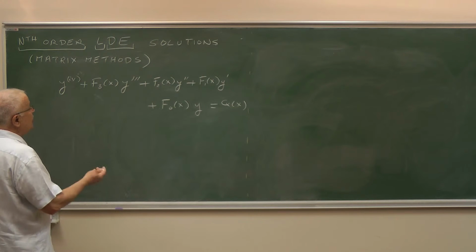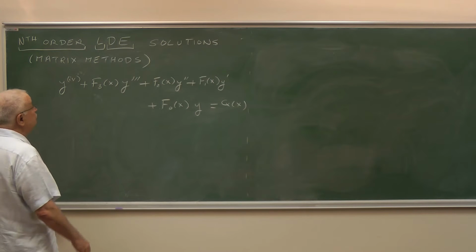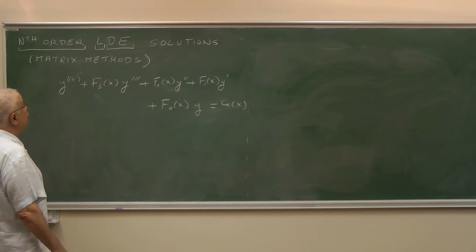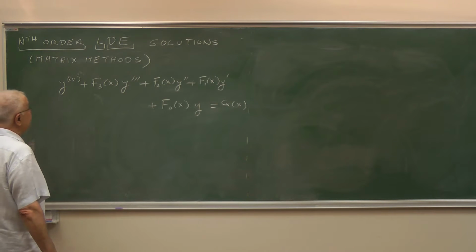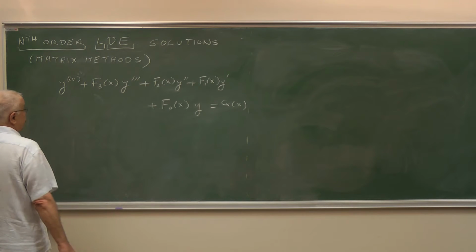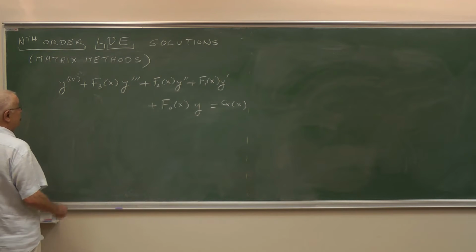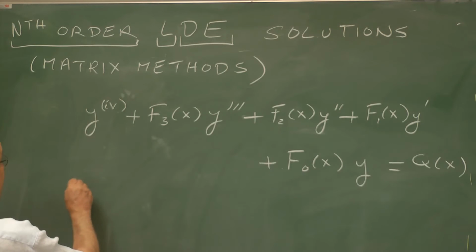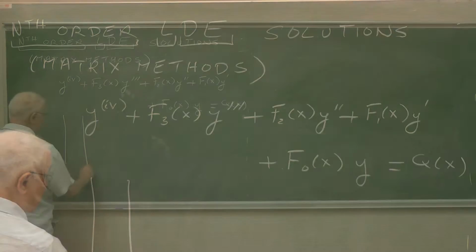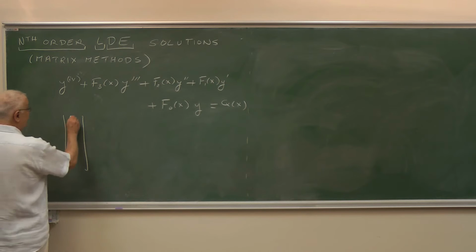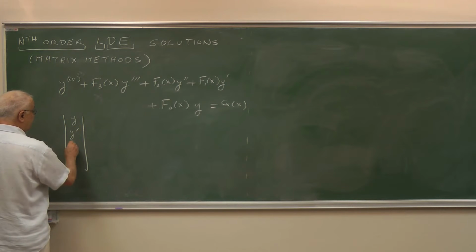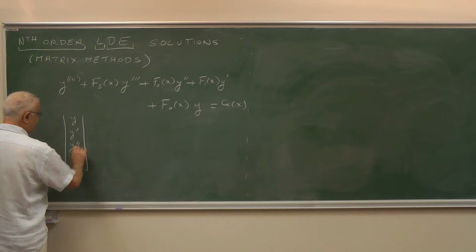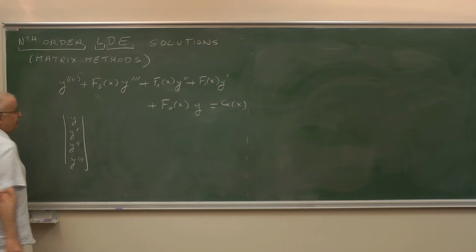Now, an equation like this can be written in matrix form. How? Since this is a fourth order linear differential equation, I'll have a four-dimensional column vector. I'll start with y, first derivative, second derivative, and third derivative.